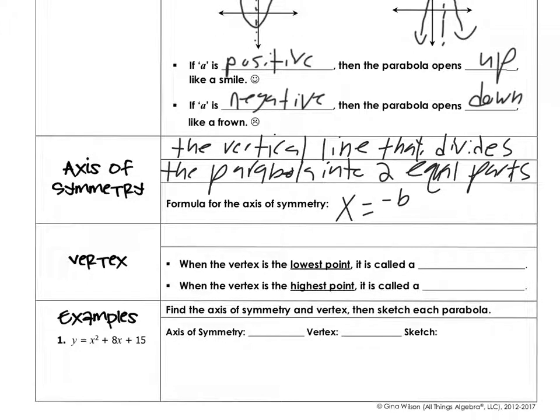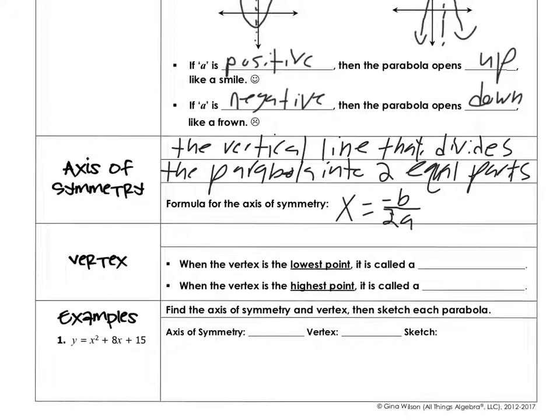Remember b is the coefficient associated with the x value, and a is the coefficient associated with our x squared value. So negative b divided by 2a gives us our axis of symmetry, and we'll look at that more later, we'll look at a couple examples.